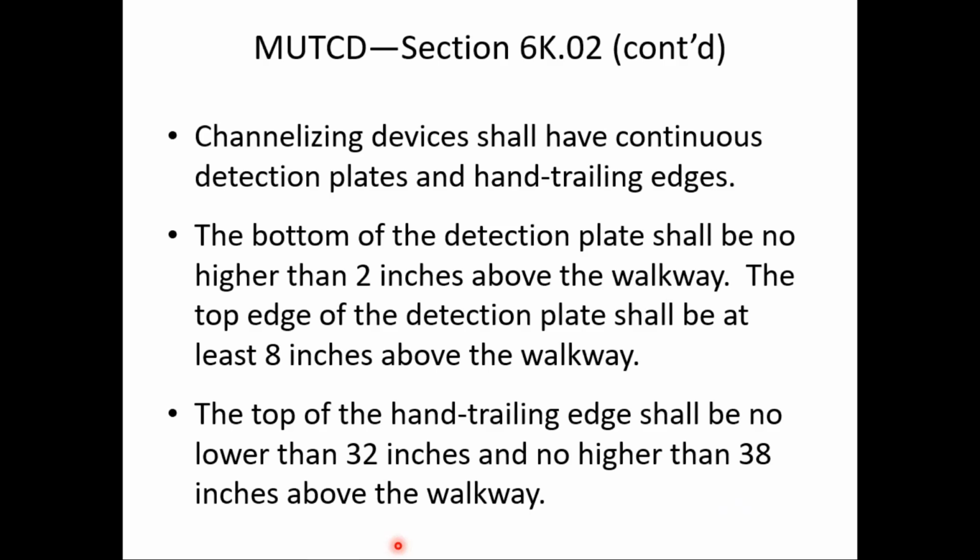There's that 2 inches again. The top edge of the detection plate shall be at least 8 inches above the walkway. So at least a 6-inch high detection plate there. The top of the hand trailing edge shall be no lower than 32 inches and no higher than 38 inches above the walkway.